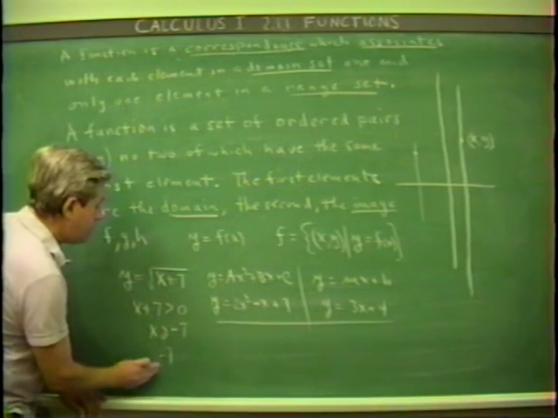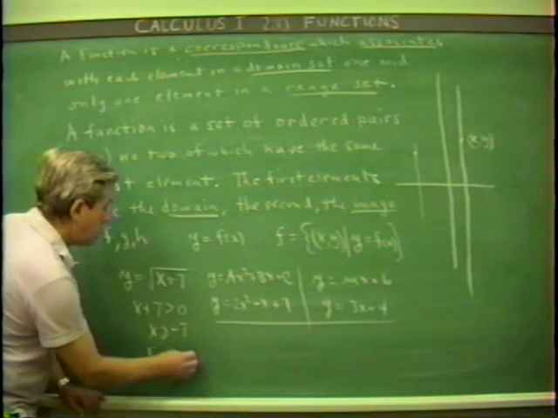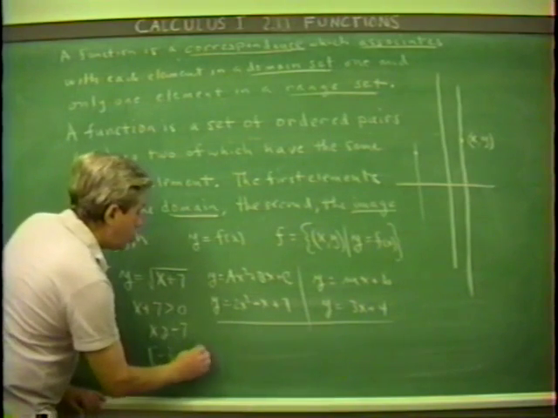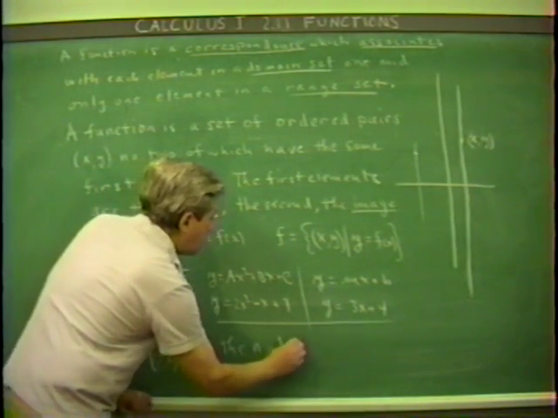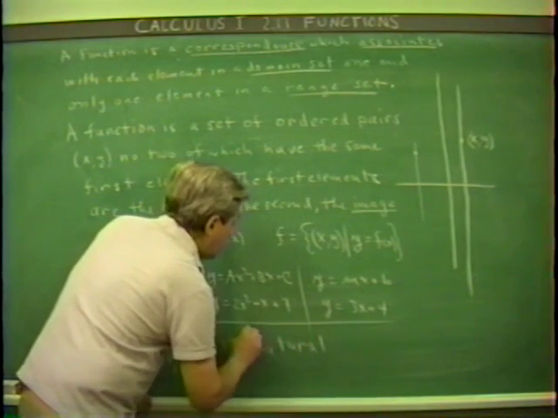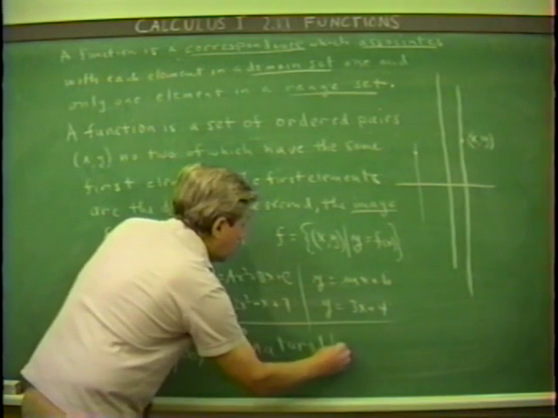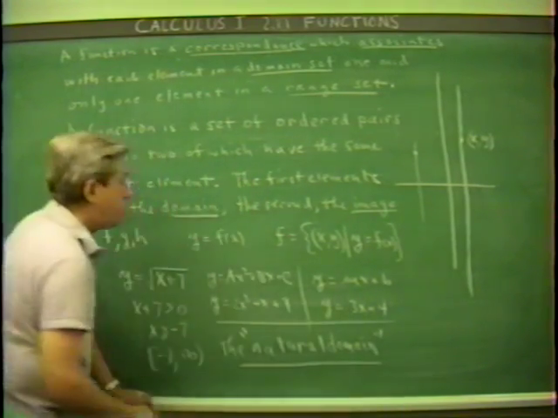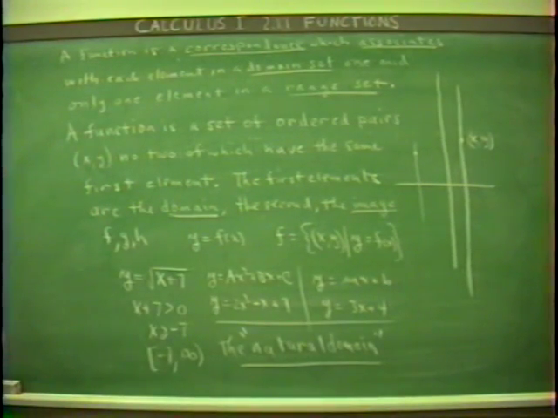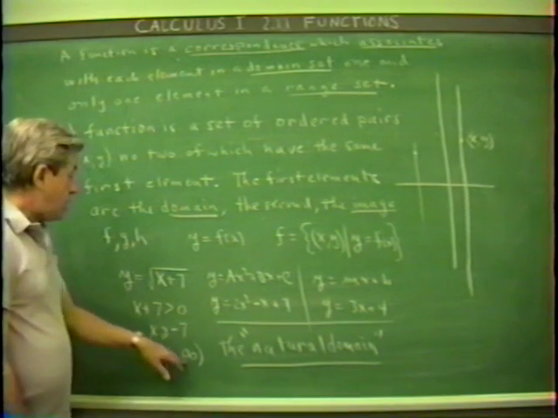So minus 7 to infinity is the natural domain. The natural domain is all of the elements x for which the function makes sense.